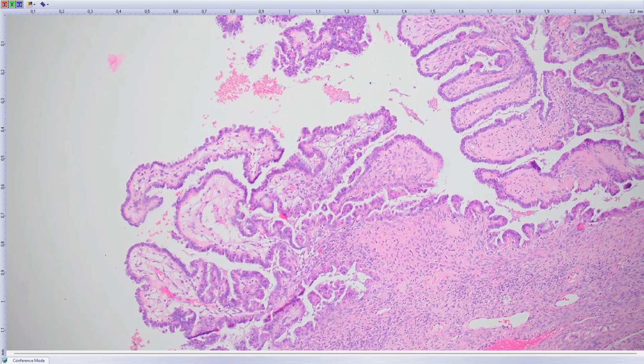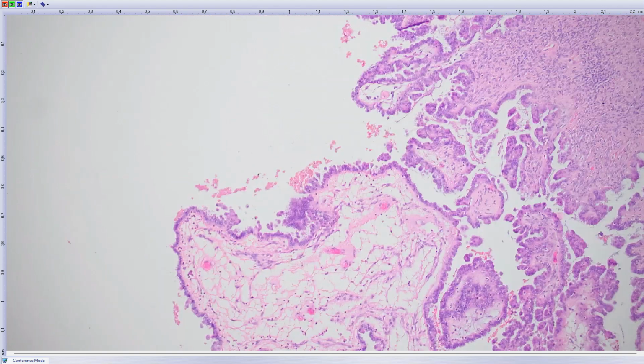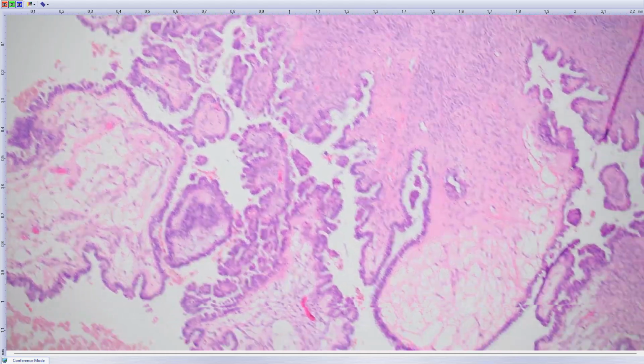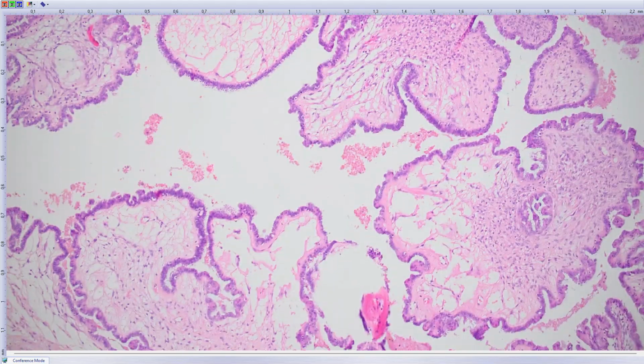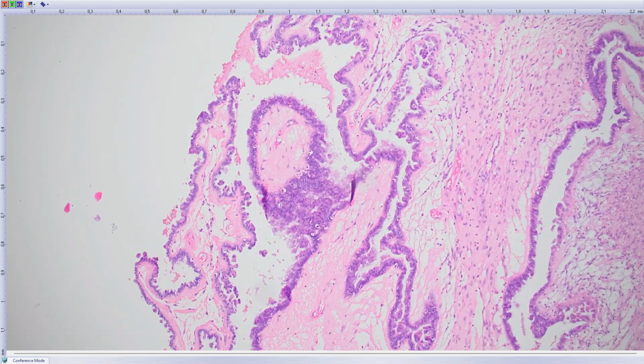The name seromucinous is not perfect for this lesion because there is not a perfect mixture of serous and mucinous glands. Most of them are serous, with other differentiations, endometrioid and also mucinous.